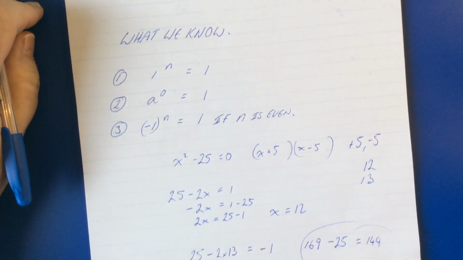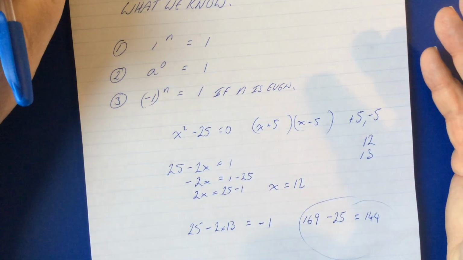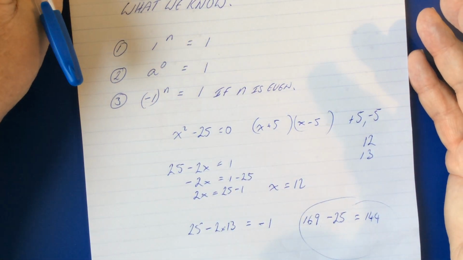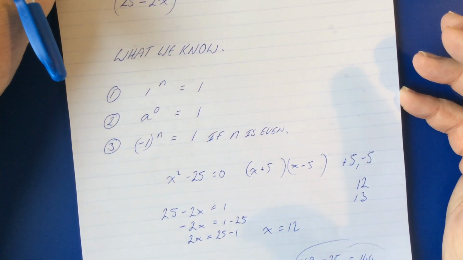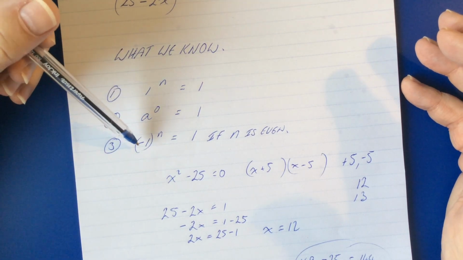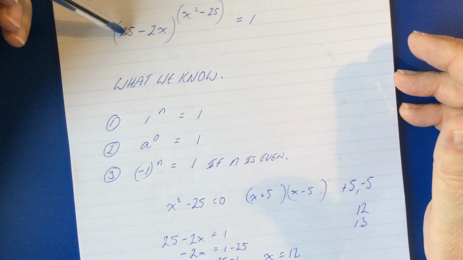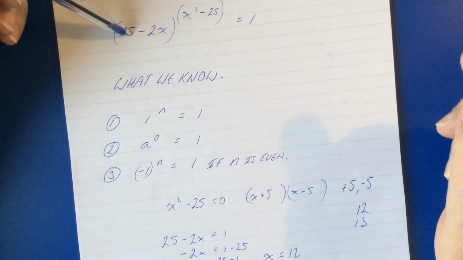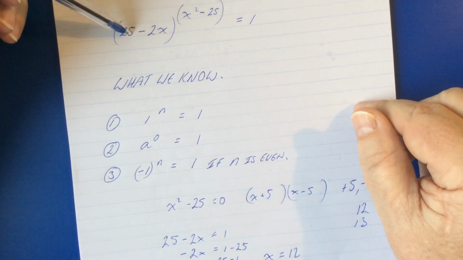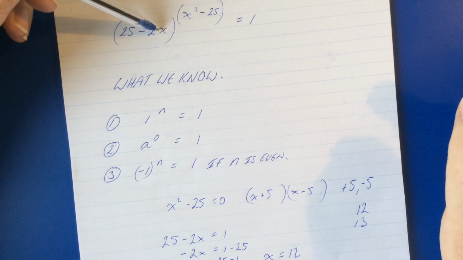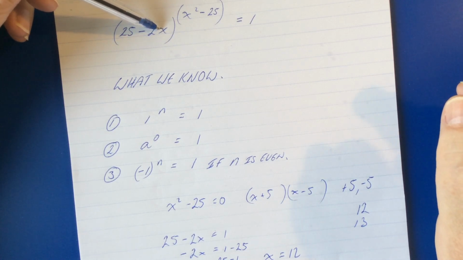Are there others? Good question. What do we need? Well, we need this bracket here to equal 1. So that means that this has to equal 12.